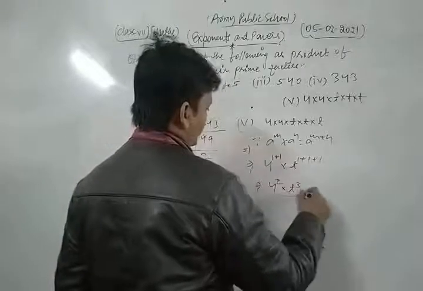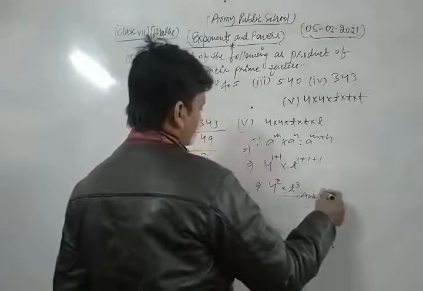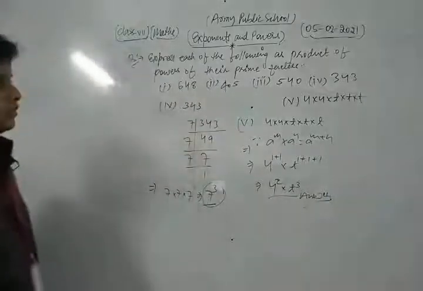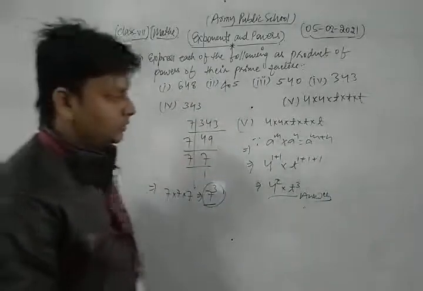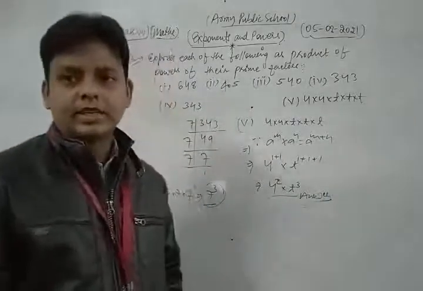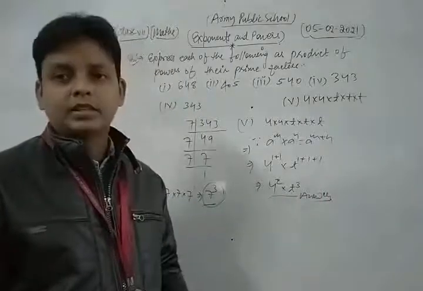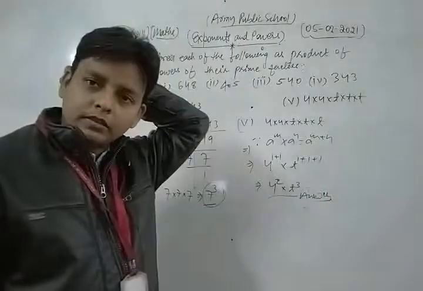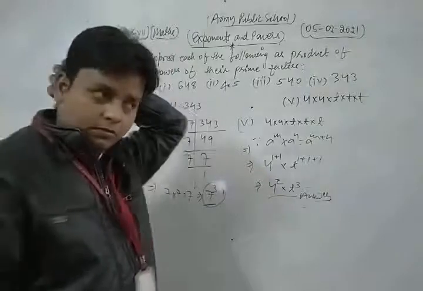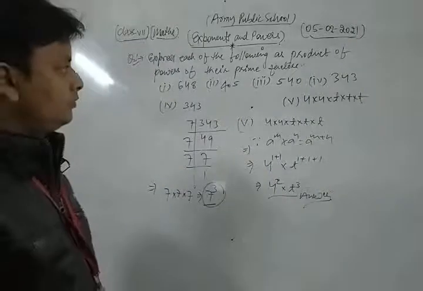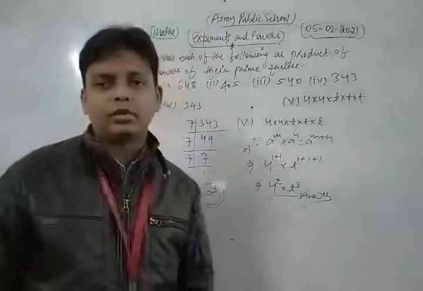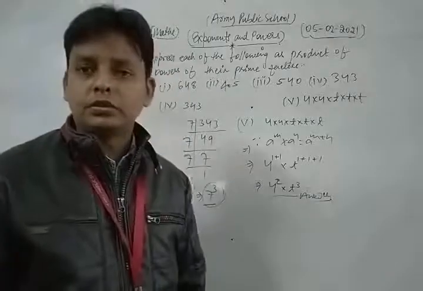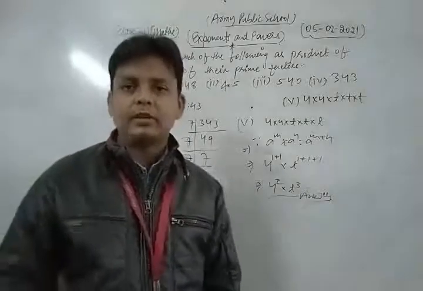This is the required solution of the given question. Okay, so in this way, dear friends, you can solve each and every question of your NCERT exercise based on that topic. Now we take and solve some other important types of questions of your chapter exponents and powers.